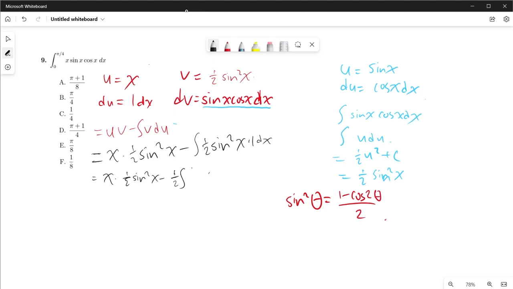It will be the integral of 1 minus cosine 2x over 2 dx. The first part, actually, I'm going to solve it. All of this is evaluated from pi over 4 to 0. At pi over 4, sine of pi over 4 is 1 over root 2, so the square of that will be 1/2 times 1/2 times pi over 4. So it'll be pi over 16, and then minus 0.